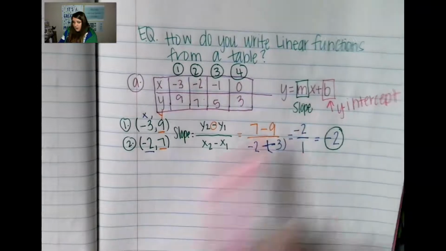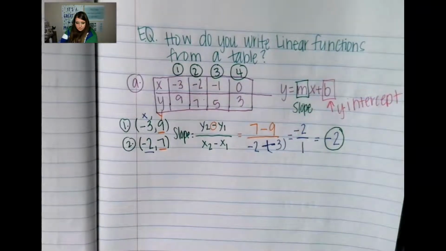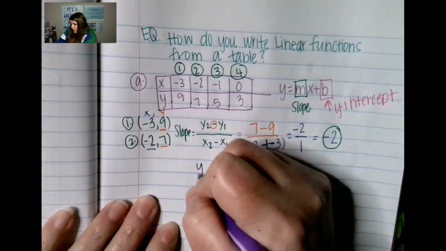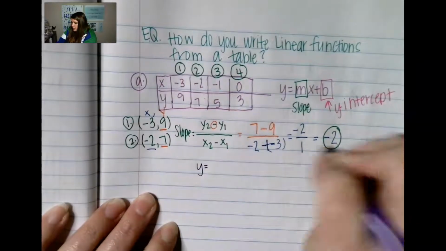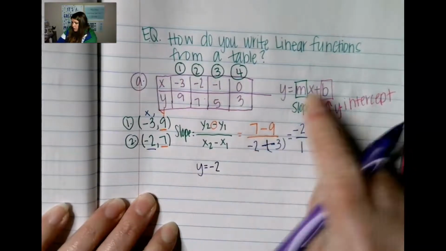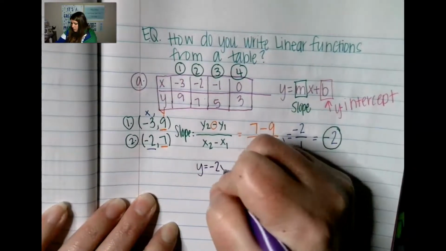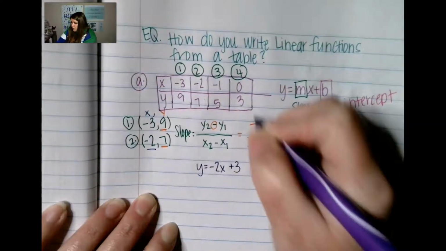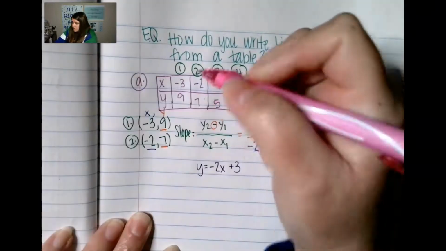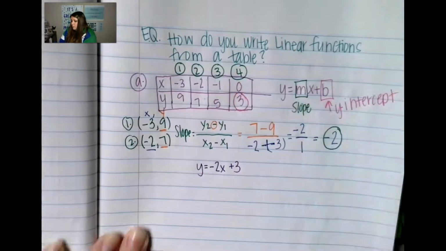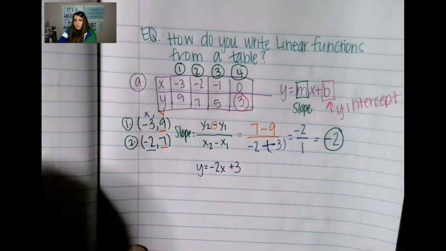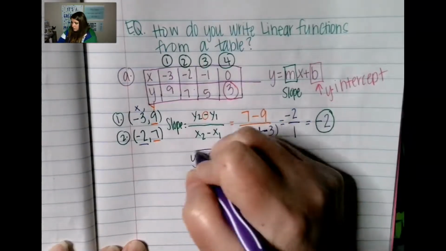So we can rewrite this linear function as y equals -2 for your slope, x plus 3, because here, right here, is your y-intercept. This is a linear function.